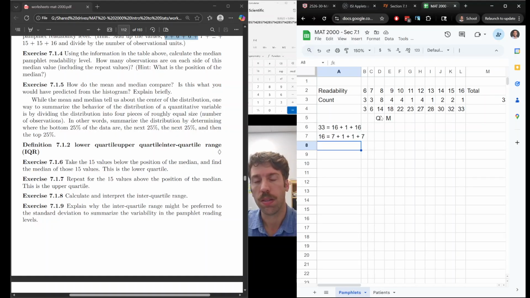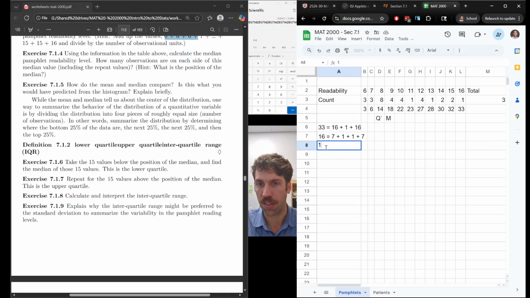So the 17th is the middle one, and then the 18th through 33rd are 16 values.